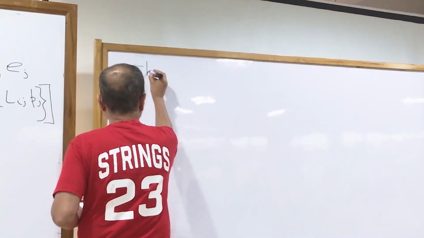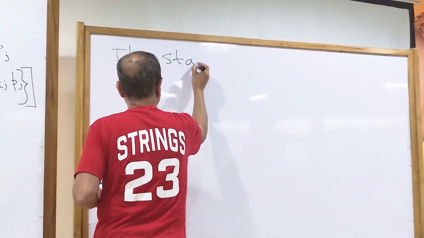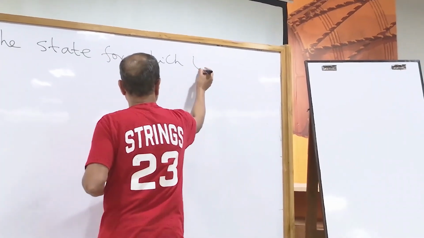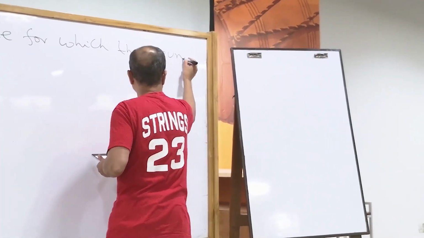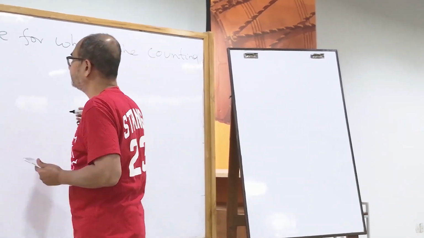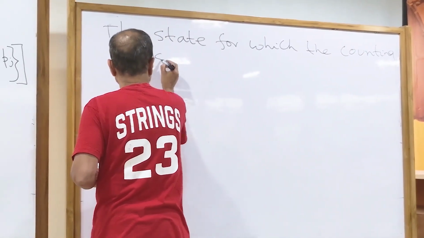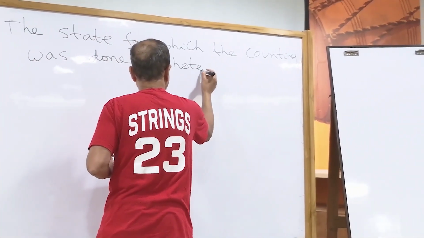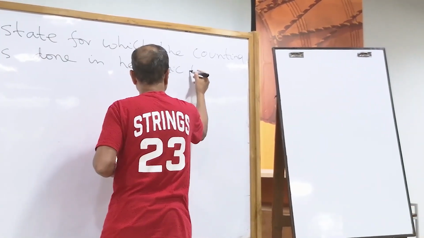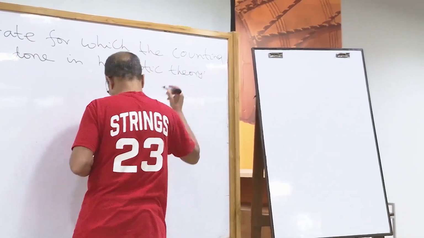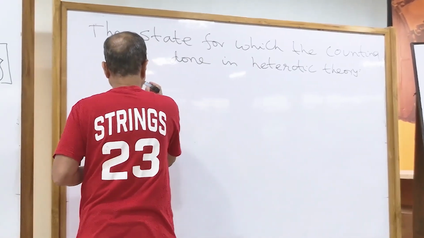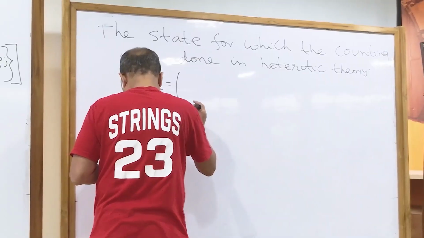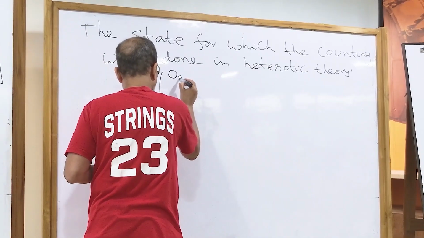The state for which the counting was done in heterotic theory is the one where the charge Q, a 12 dimensional vector, takes the following form.